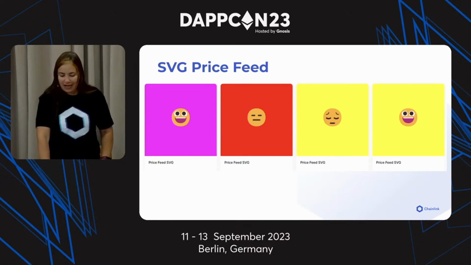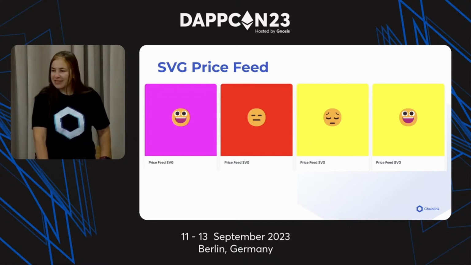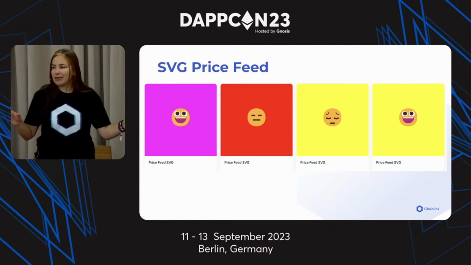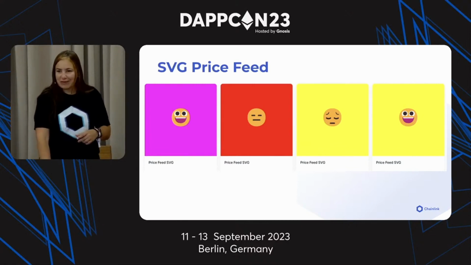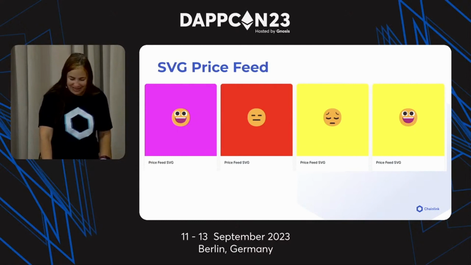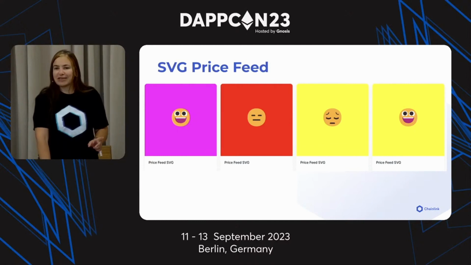It's like an SVG price feed. Imagine that if the price from one time to another is growing up, I'm happy, or if it's going down, I'm sad. And we have different background colors. And all of this is another dynamic NFT that I code everything inside the smart contract.